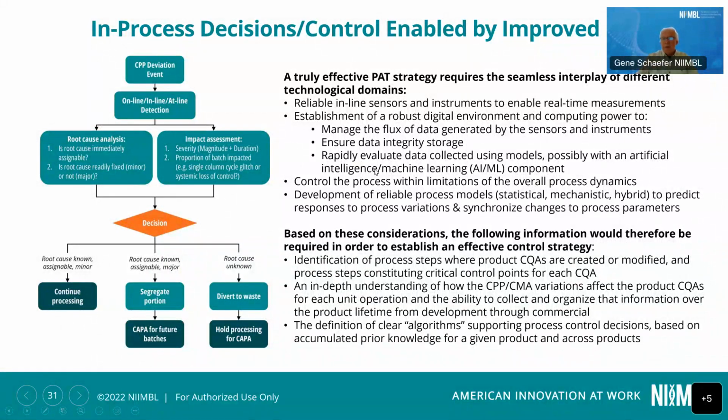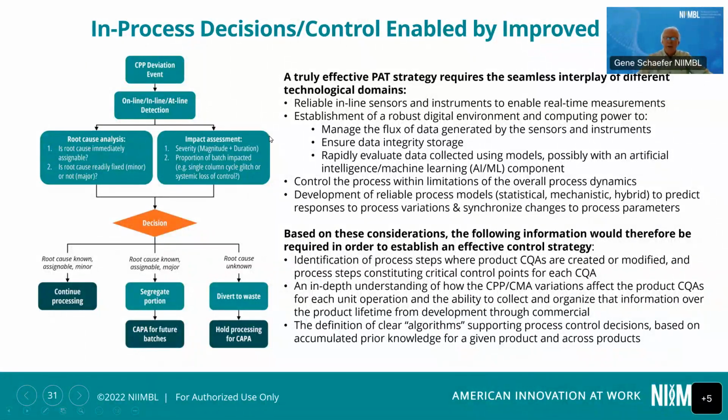and whether or not you would need models to support that, AI or machine learning components, maybe a hybrid model that's partly empirical, partly mechanistic, partly machine learning, and the ability then to control the process within the limitations of the dynamics. When do you intervene?